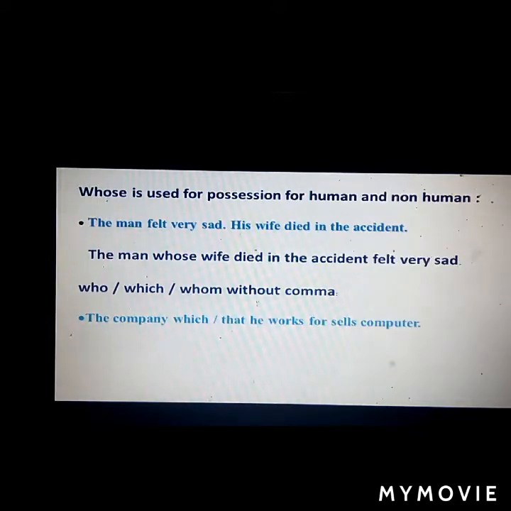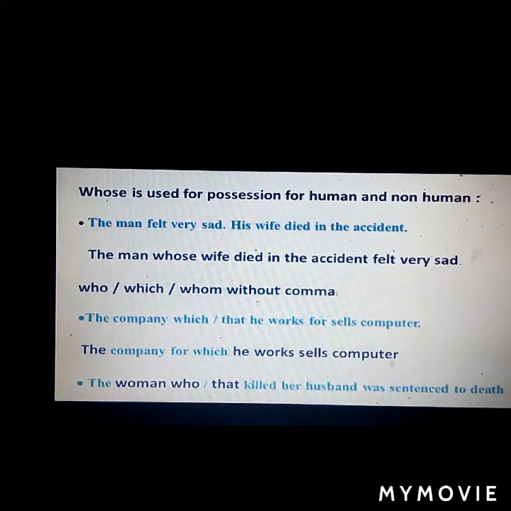The company for which he works sells computer. No commas here. The woman who or that killed her husband was sentenced to death. Again no commas, and I use who or that, or which or that. Note these sentences.